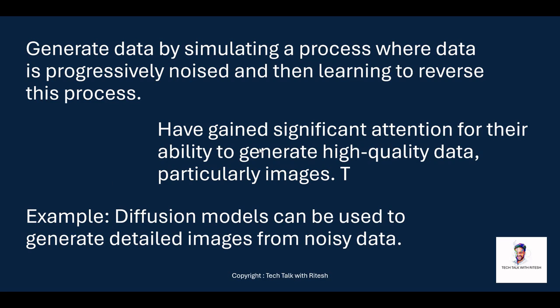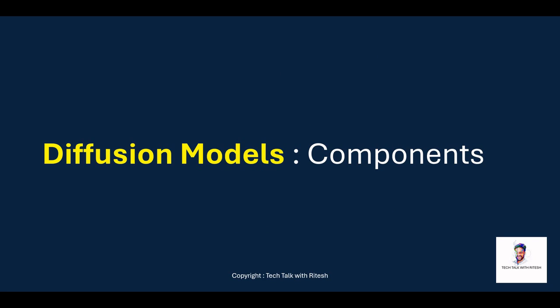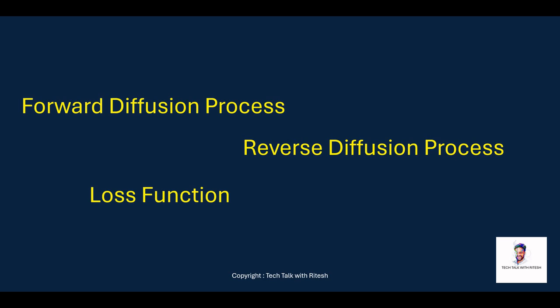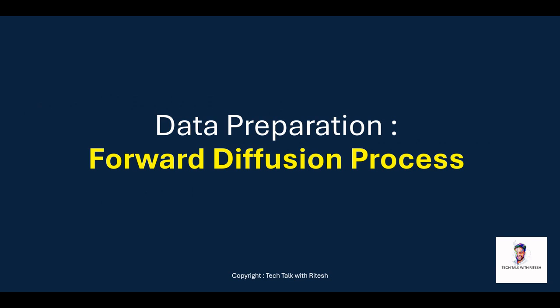It has gained significant attention for its ability to generate high quality data, particularly images. Diffusion models can be used to generate detailed images from noisy data. That is one of the applications. Okay, let's see the components of diffusion models. We have the forward diffusion process, the reverse diffusion process, and the loss function.